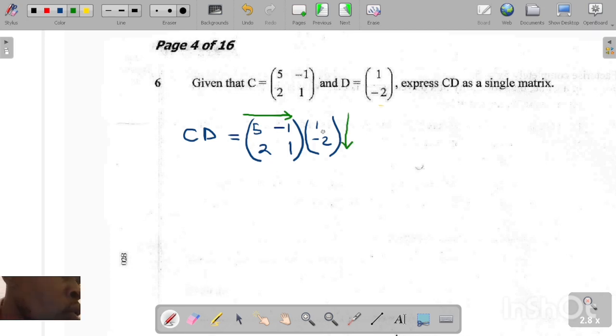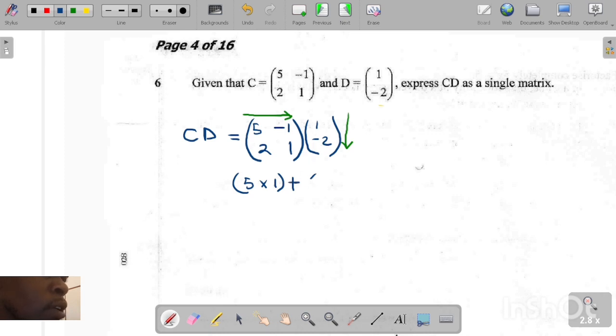So we multiply the rows of the first matrix by the columns of the second matrix. We have 5 times 1 plus -1 times -2.